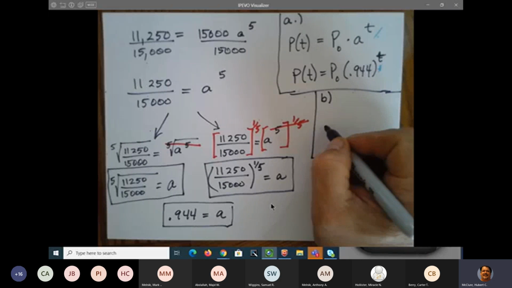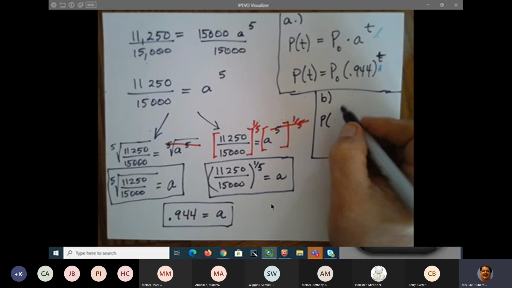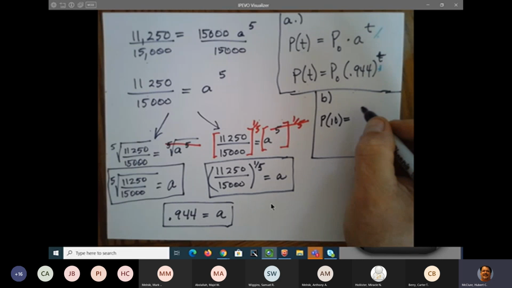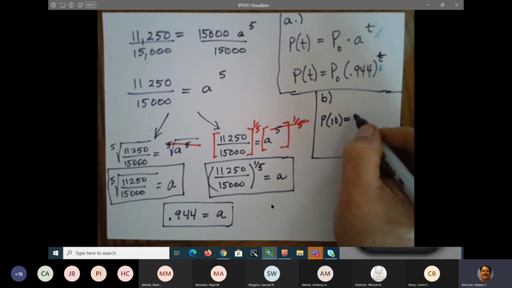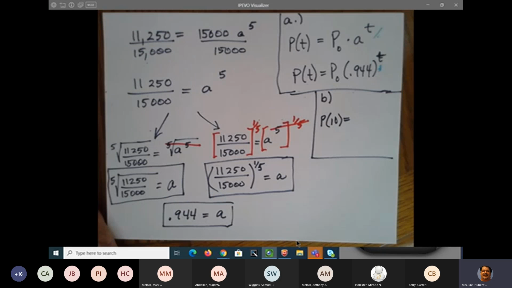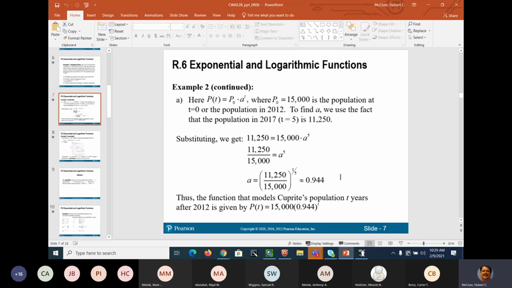All right. P of 10 is equal to 15,000, and that's what you're going to plug in. Where is my PowerPoint? There it is. And that's 15,000 goes right here. So 15,000 times 0.944 to the 10th power.